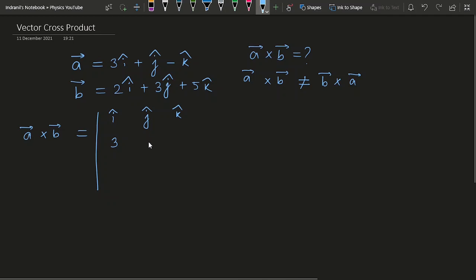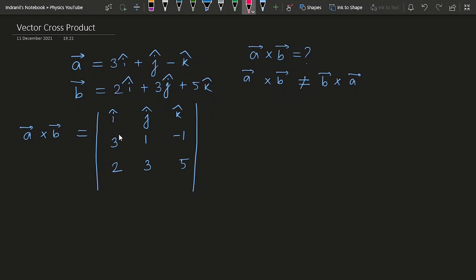In the second column we write 1, because the y component of A is 1, and here we write -1. Then similarly for the B vector, we write 2, 3, and 5.